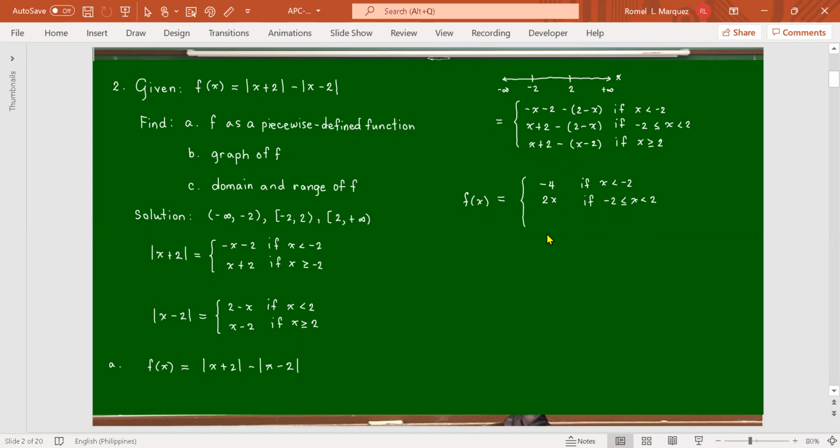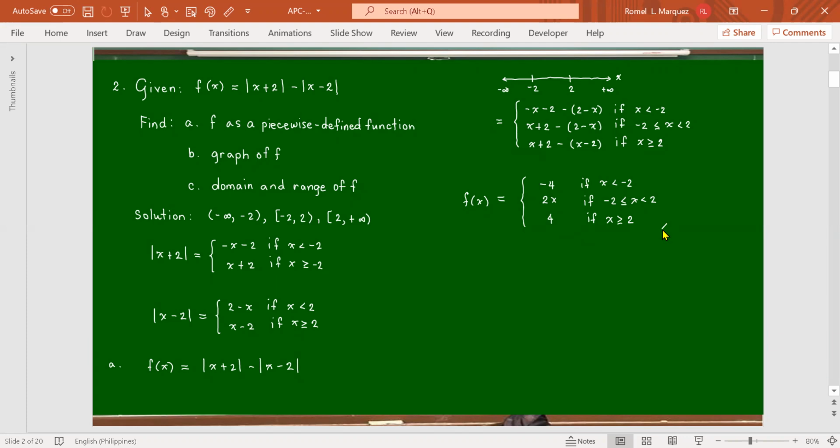And then the last one is simply positive 4 if x is to the right of 2, including 2. So this piecewise defined function is equivalent to the given function that has absolute value symbols. This one does not contain absolute value but is expressed in piecewise form. Okay, guys? Do you have any question here?